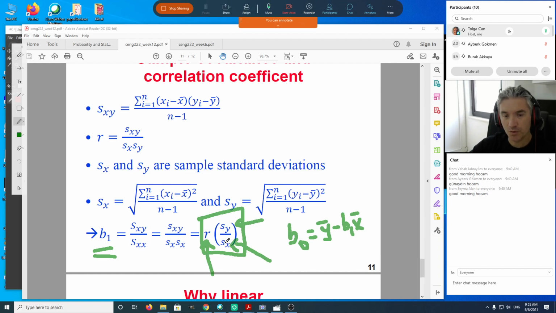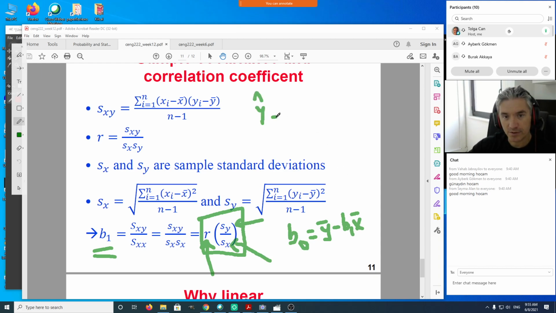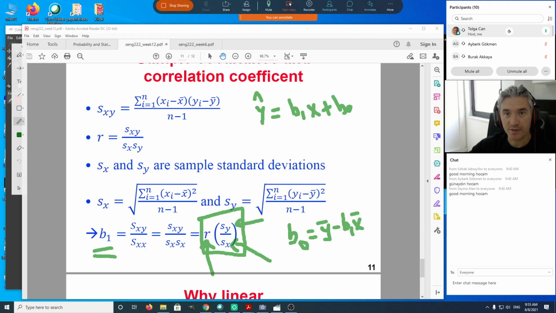You use the correlation coefficient and sample standard deviation to compute B1, and then you use the sample mean to compute B0, and then again you're going to do the same thing. Y hat will be B1 x plus B0. You will have this equation to make your prediction.